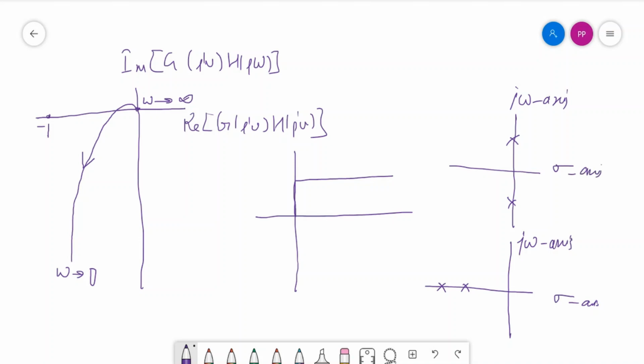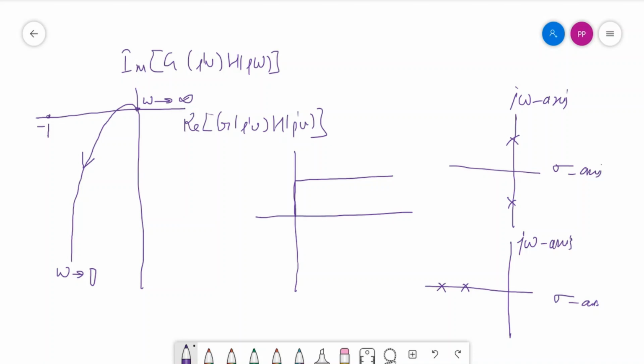For this case, suppose we have the poles near the imaginary axis or on the imaginary axis, that is the complex root.